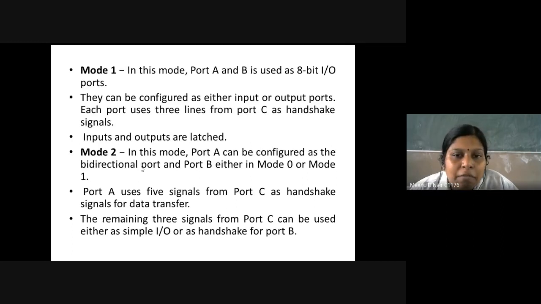And port C, 5 signals will be used as the handshake signals for port A. If port B is working in mode 1, then port C, 3 signals will be used as the handshake signals for port B. Otherwise, the port C bits will act as the input output port. This was the mode of operation.